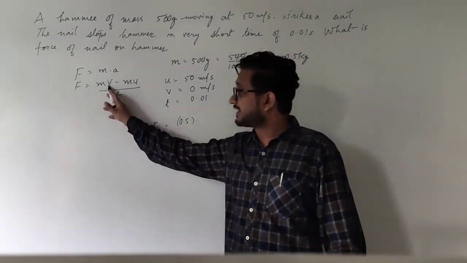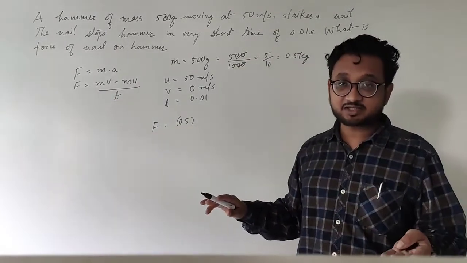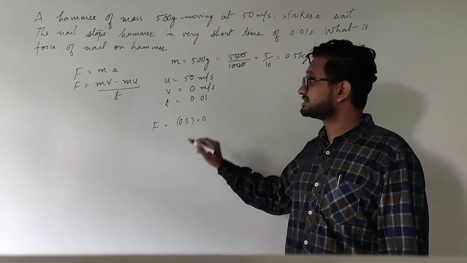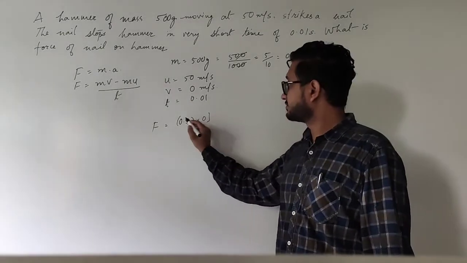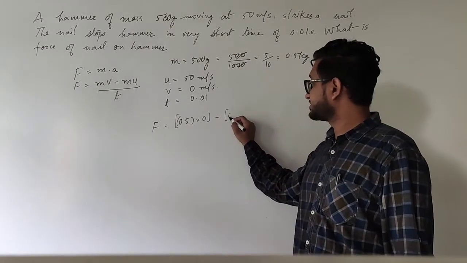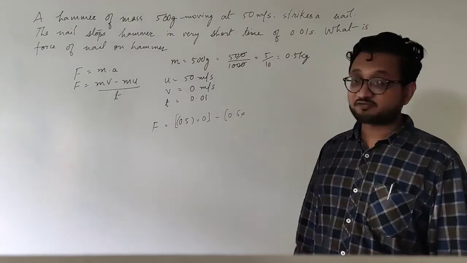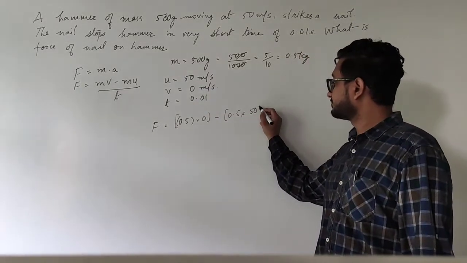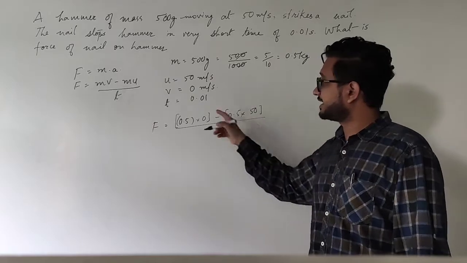v, final velocity, because after striking the nail, its velocity becomes 0, so final velocity is 0, okay? Minus mass, that is 0.5, into initial velocity, that is 50, upon time, that is 0.01.